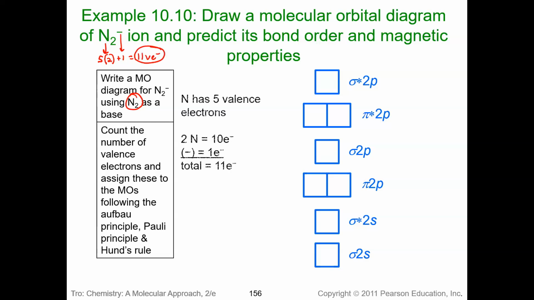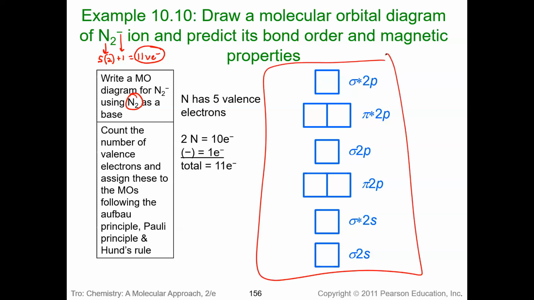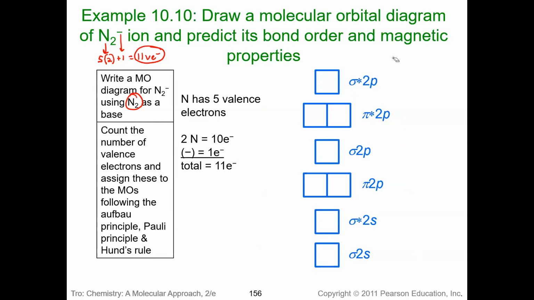So we're going to put 11 electrons in our diagram. And remember, just like Aufbau says, start low, go high, and we have to pair, right? And so this one's going to go up, up. Remember, that is Hund's rule saying that the most stable configuration is the one with the most parallel spins.